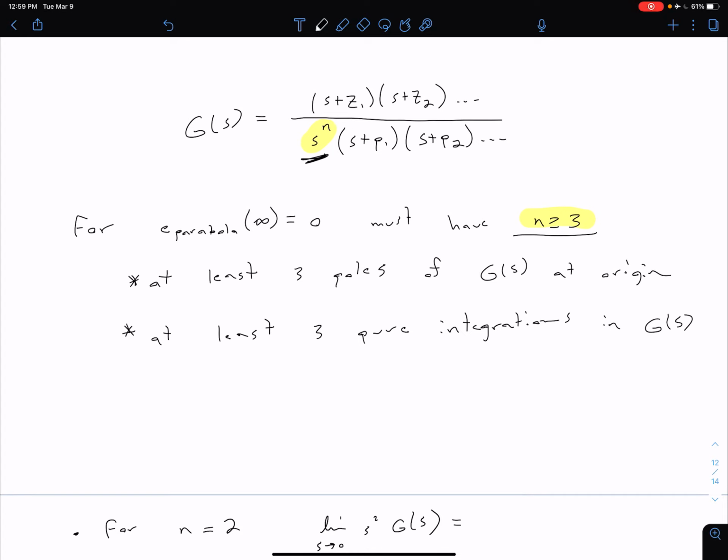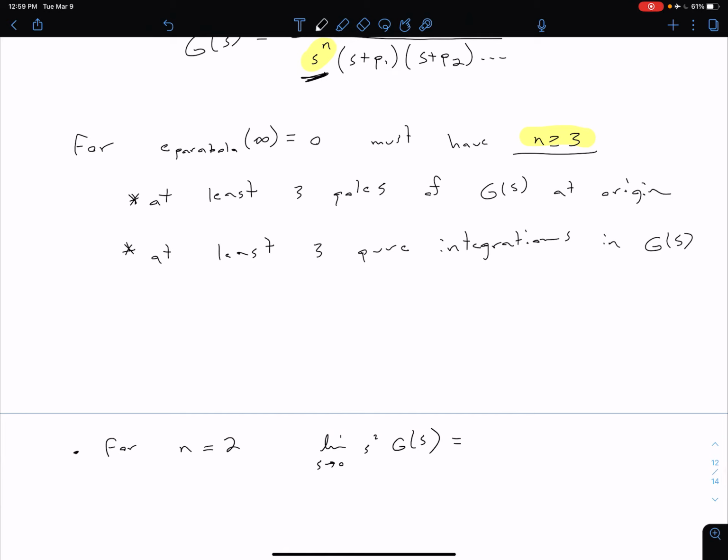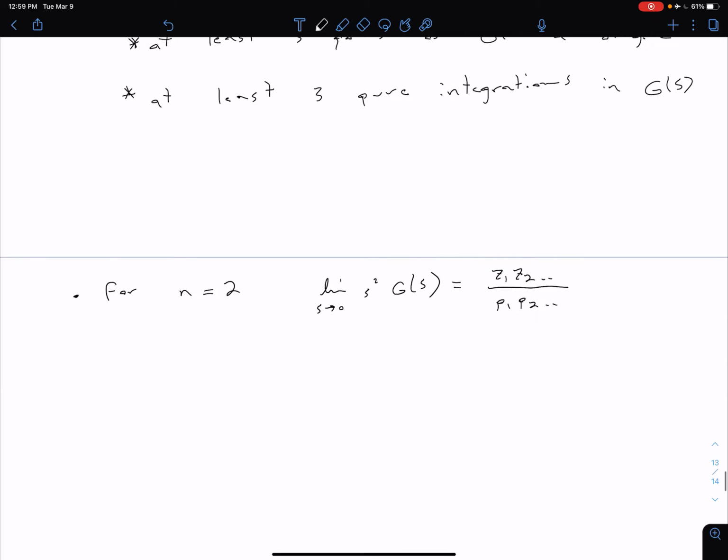And so as you can see, the s's are going to go away, and so ultimately we'll just have z1, z2, so on and so forth in the numerator. So we'll have the product of our zeros divided by the product of our poles, p1, p2, and so on. And so ultimately what that gives us then is some finite steady state error. So that's for n equals 2.